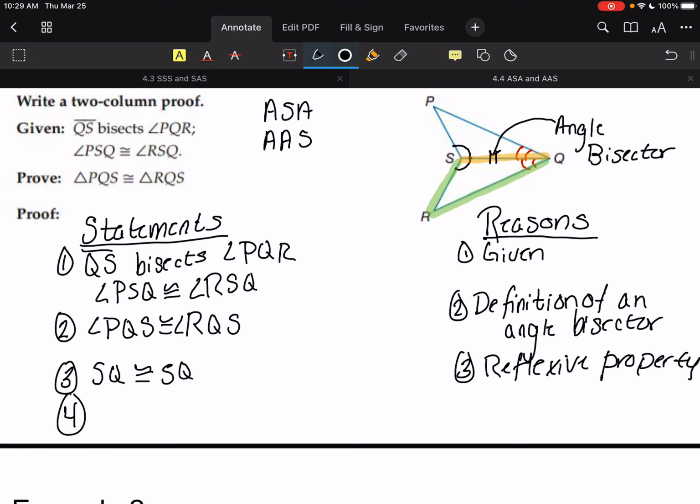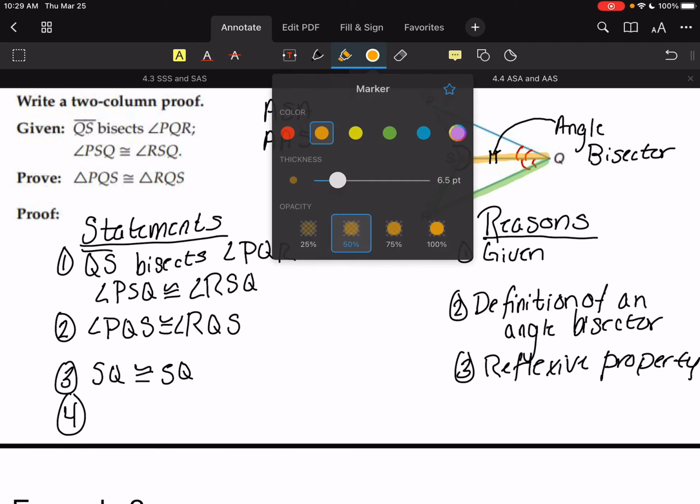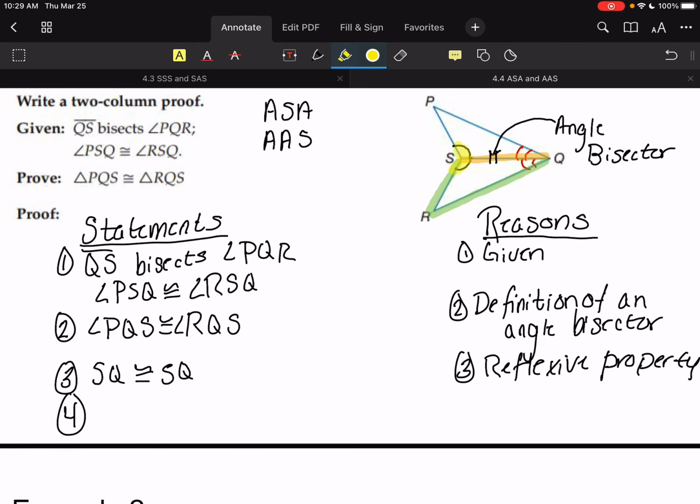So now we have our angles. We have an angle here, and if I follow that triangle around, I've got a side as my next one, and then I have angles. So I'm going to use that angle, side, angle postulate. Yeah, that one's a postulate. Let's say the triangles are congruent because of that.